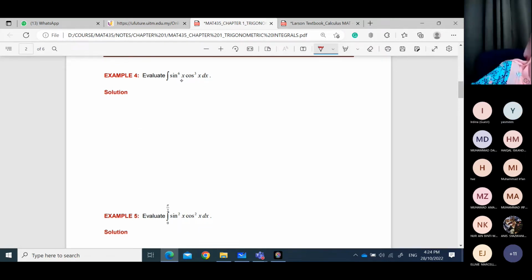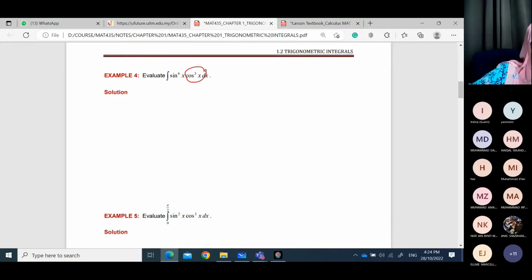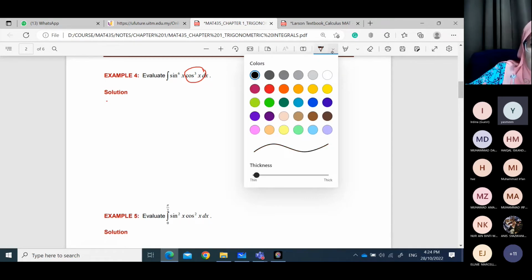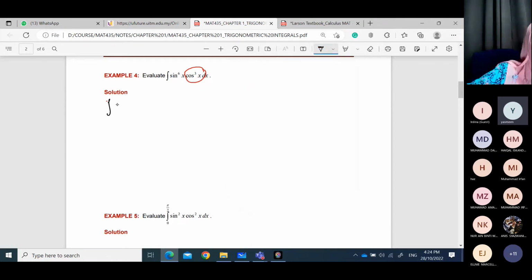Right, so kita try buat yang ini. So kat sini kita identify that we have the power of cosine is odd. Okay, so split off a factor of cosine X. So here we have integral of sine to the power of 6x times cosine cube x dx.